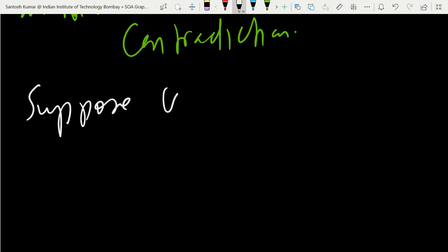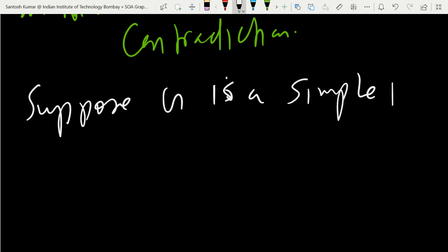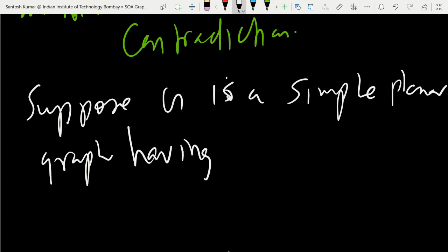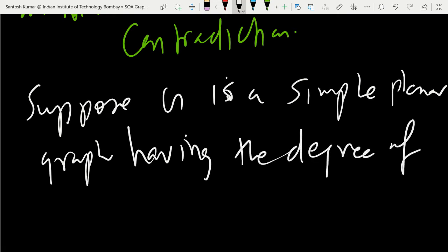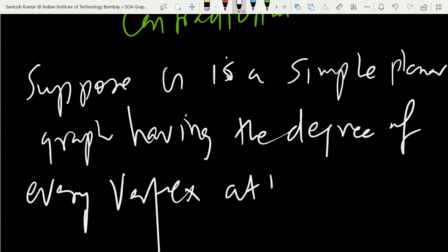Suppose G is a simple planar graph having the degree of every vertex at least 6.